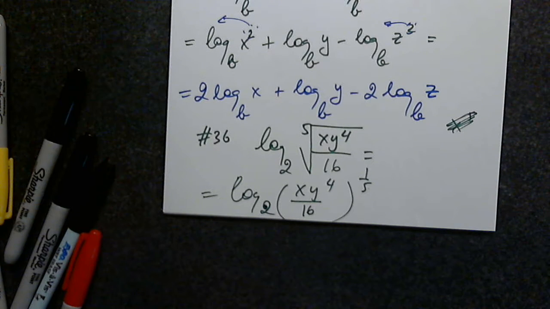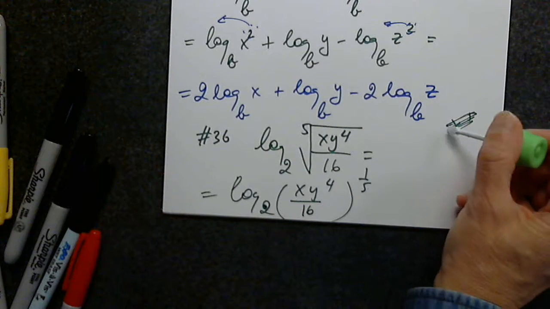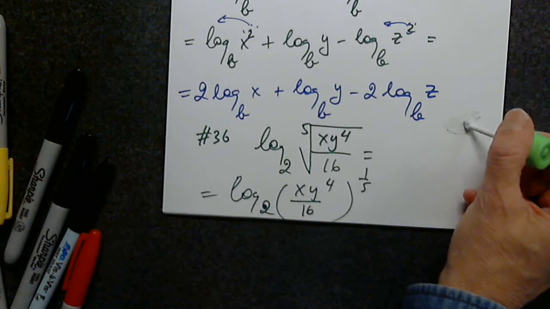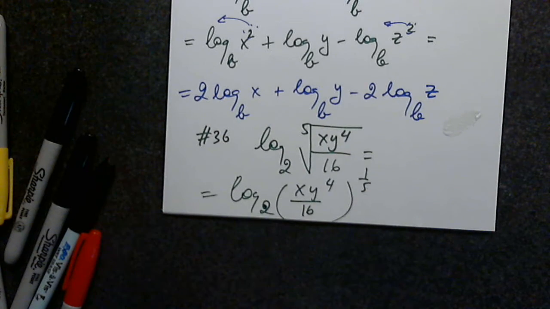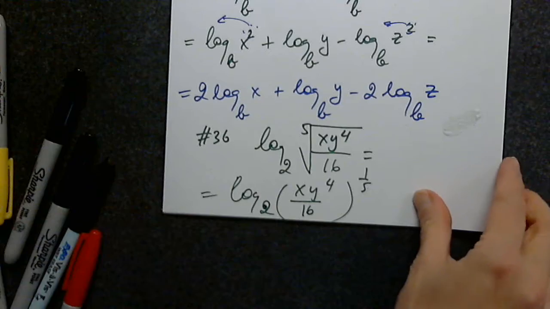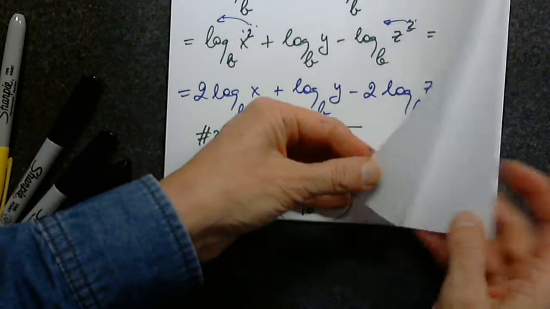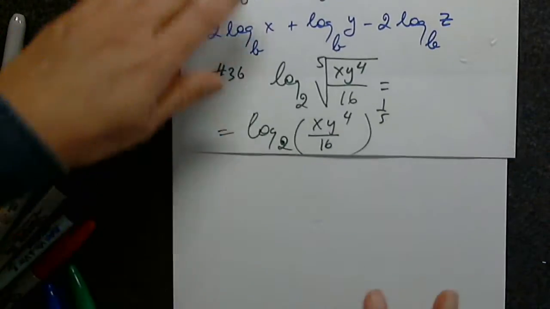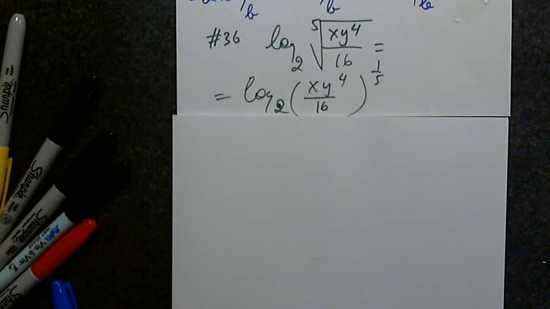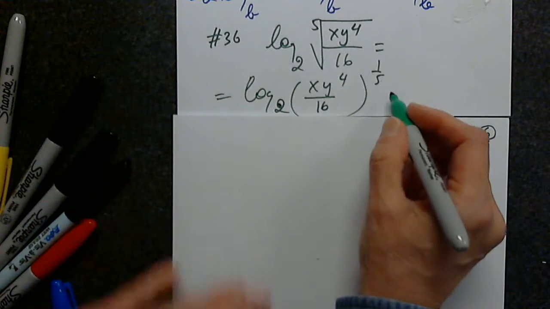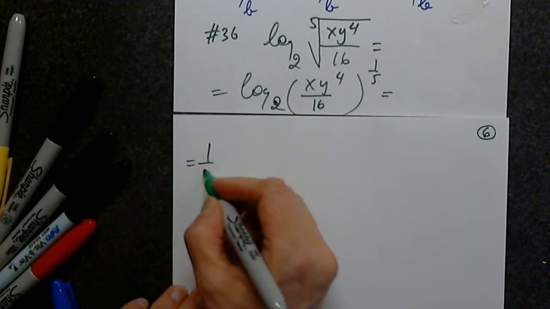So the first property that we need to apply now is not the quotient, but exactly the power indeed. So let's apply the power rule first. So what do I have to write? 1/5 log. Yes, 1/5 in front. Awesome. Very good.